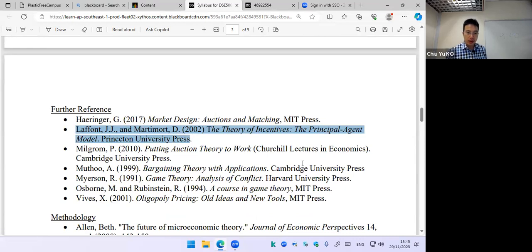This book, I really recommend you read, because I use the same notation as the book. It is very good to read and you will get a lot of insight. Of course, contract theory is so common that you see a lot of calculation in other books, but this book actually gives you the intuition, which I try to give you.